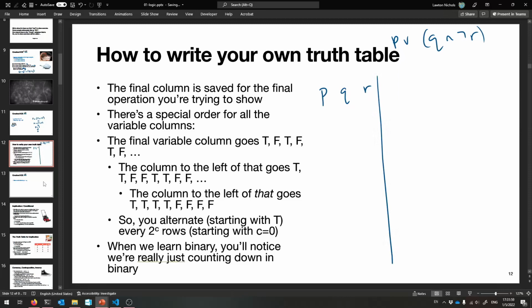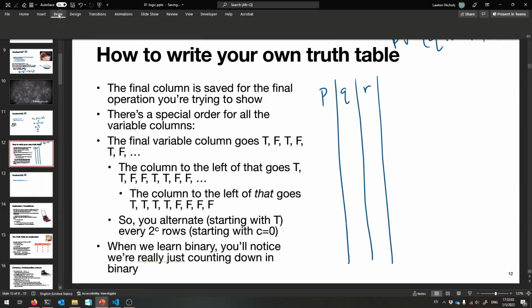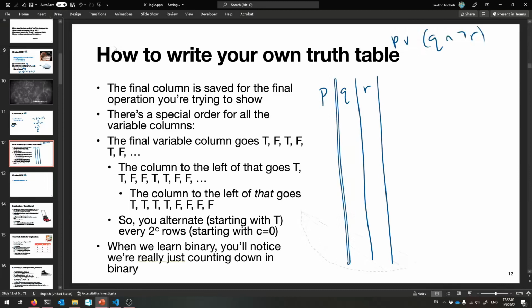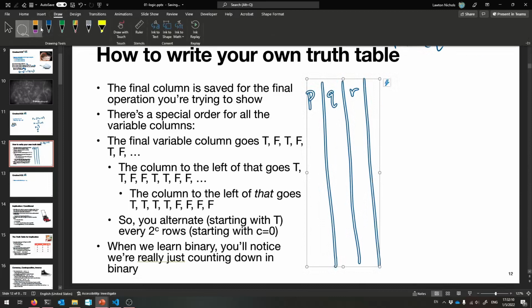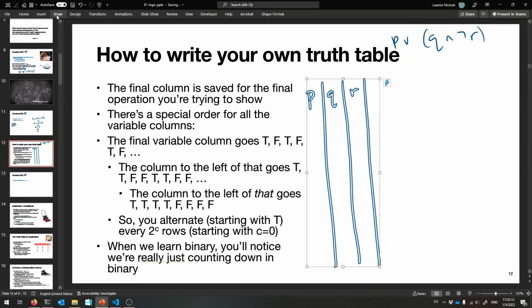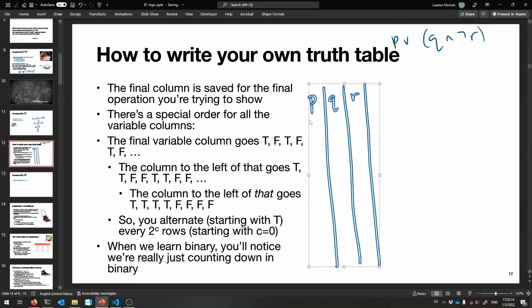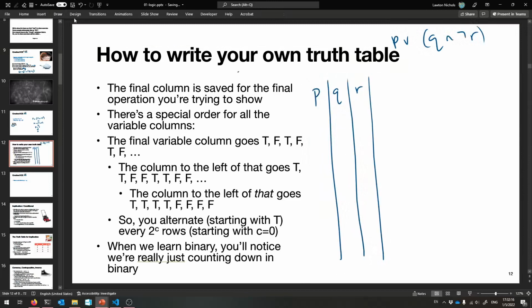First you write all your variables out. And this is going to get ugly, sorry, because there's a lot to write. So let's scoot this over as far as we can.